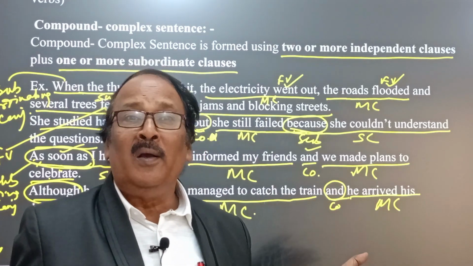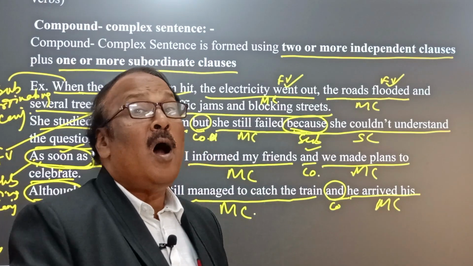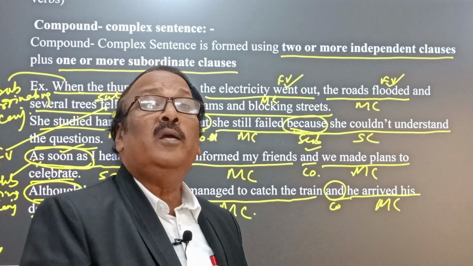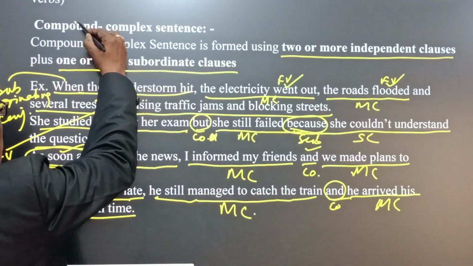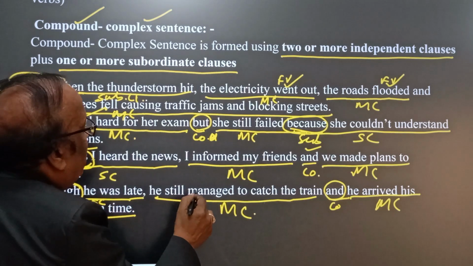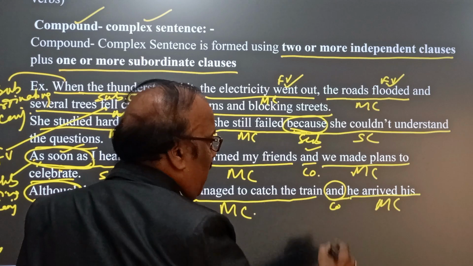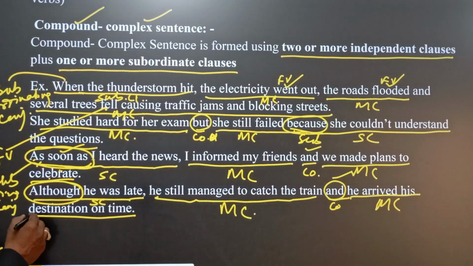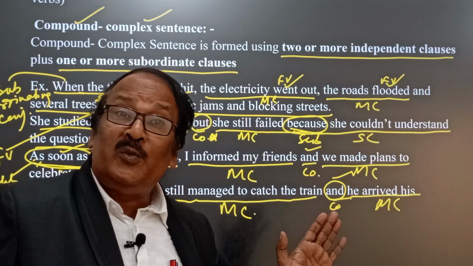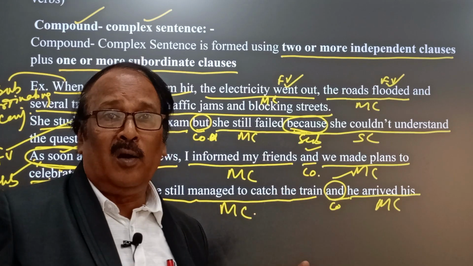So here we find how subordinating and coordinating conjunctions are useful in compound and complex sentences. Again, in the last example: Although he was late, he still managed to catch the train and he arrived at his destination on time. Although is a subordinating conjunction, and he was late is a subordinate clause, not an independent clause.